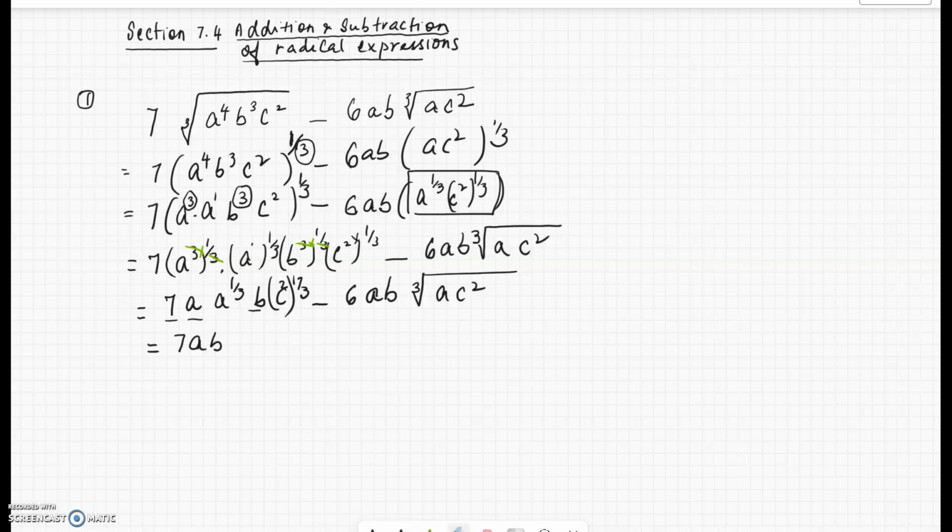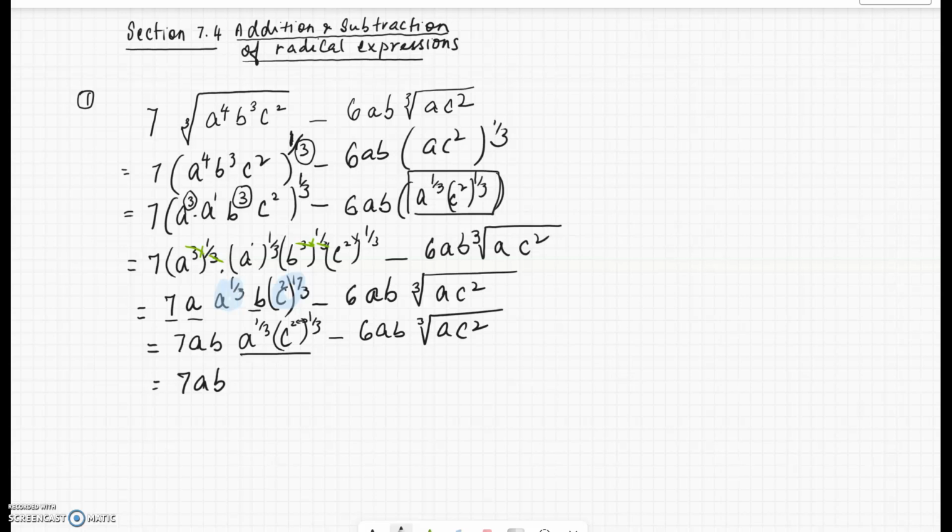Now, the terms containing the 1/3 exponent are these two. So I'm going to write it as A to the 1/3 C squared whole to the 1/3. I'm not combining these two because it's not going to simplify any further, and I want the 1/3 outside, so I can write it as a cube root. So that's 6AB cube root of AC squared.